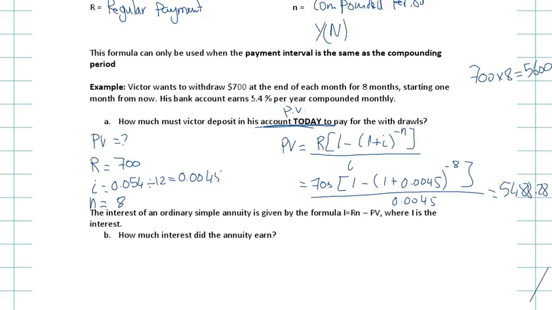But I get a negative number. What do you get? Negative 5,488. You're probably doing something wrong right here. We're probably not putting the negative 8 in the power. That could be it. I'm going to do it again. You get the same thing?